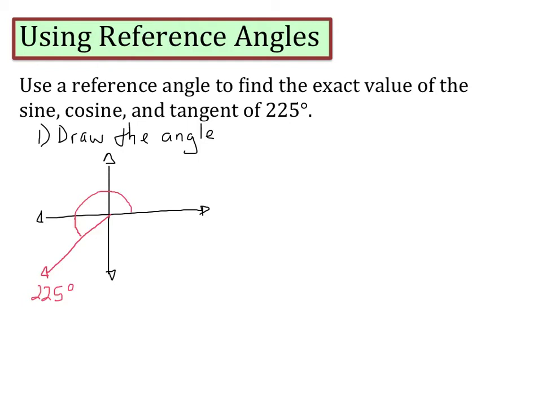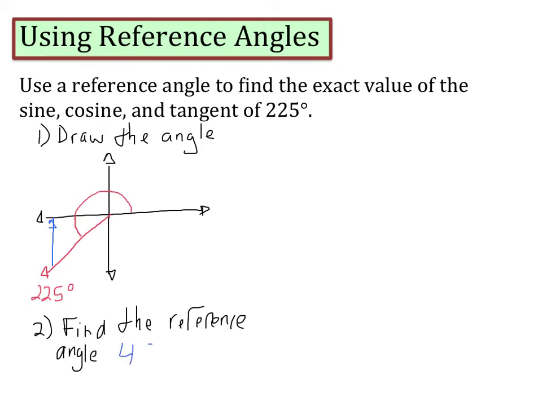Okay, the second thing we want to do is find the reference angle. Now remember, the reference angle is the quickest way to get back to the x-axis. So I want to go up this way, and to get back to the x-axis, I need 45 more degrees.